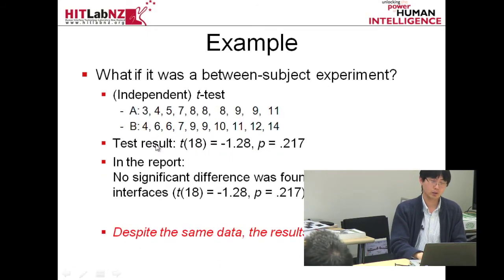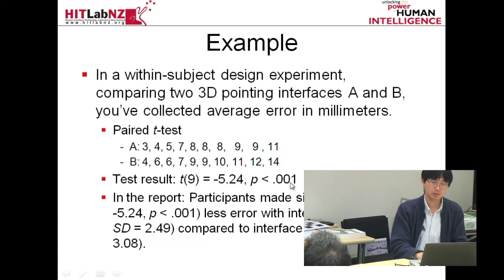But if it was within subject design, then what it will be looking into is the difference between the 2. And because of that, it gives you the conclusion that it's significantly different, because there's a certain trend that B is always bigger, has a bigger error than A. I think we've mentioned this earlier when we were talking about study designs.